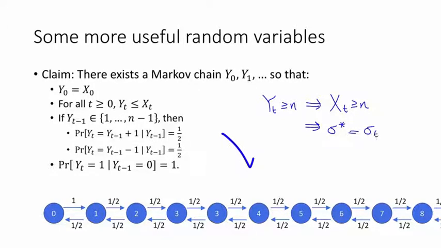That is, if x sub t is greater than or equal to n, then actually x sub t must be equal to n, which means that all of the variables in sigma t agree with sigma star. However, this Markov chain y sub t is much easier to reason about. So that's what we're going to do now, and we're going to show that this is reasonably likely to happen reasonably quickly.